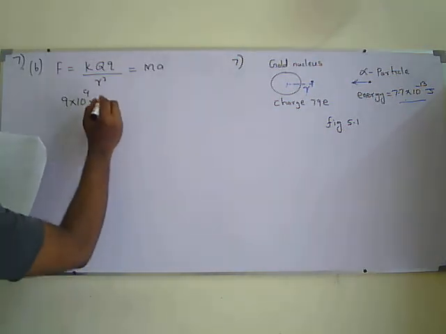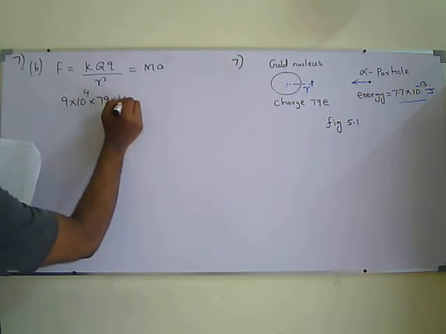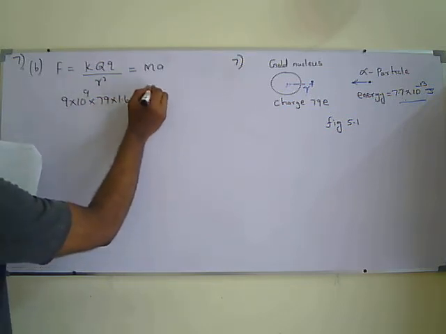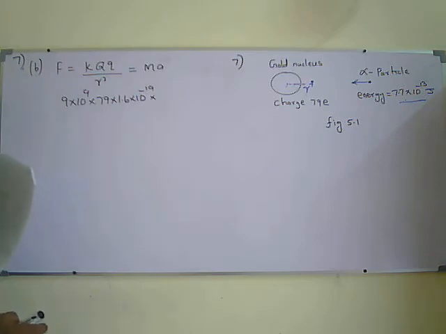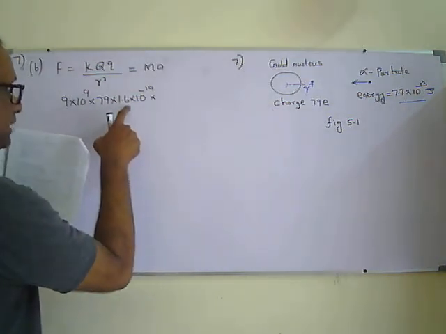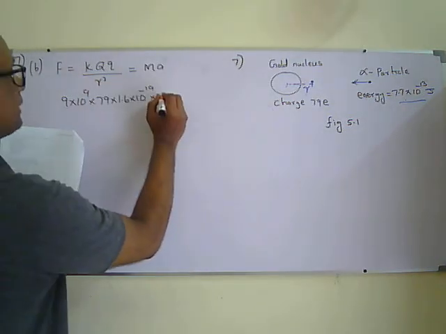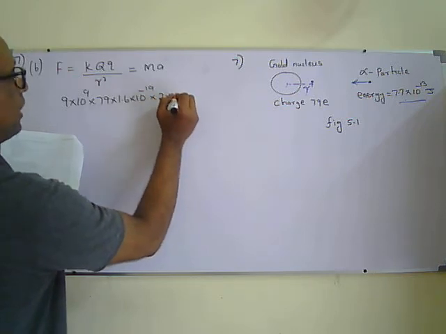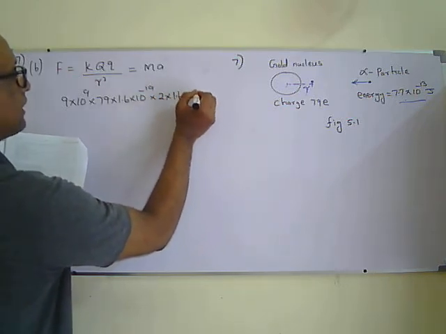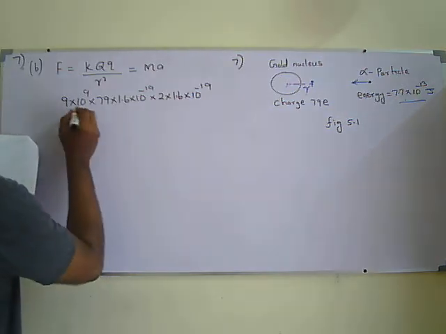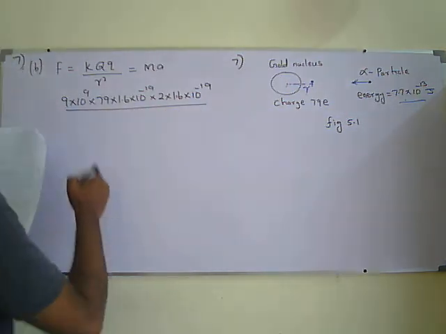Charge of the gold nucleus is 79 into 1.6 times 10 to the power minus 19. Charge of the alpha particle is plus 2, so 2 into 1.6 times 10 to the power minus 19 divided by R squared.